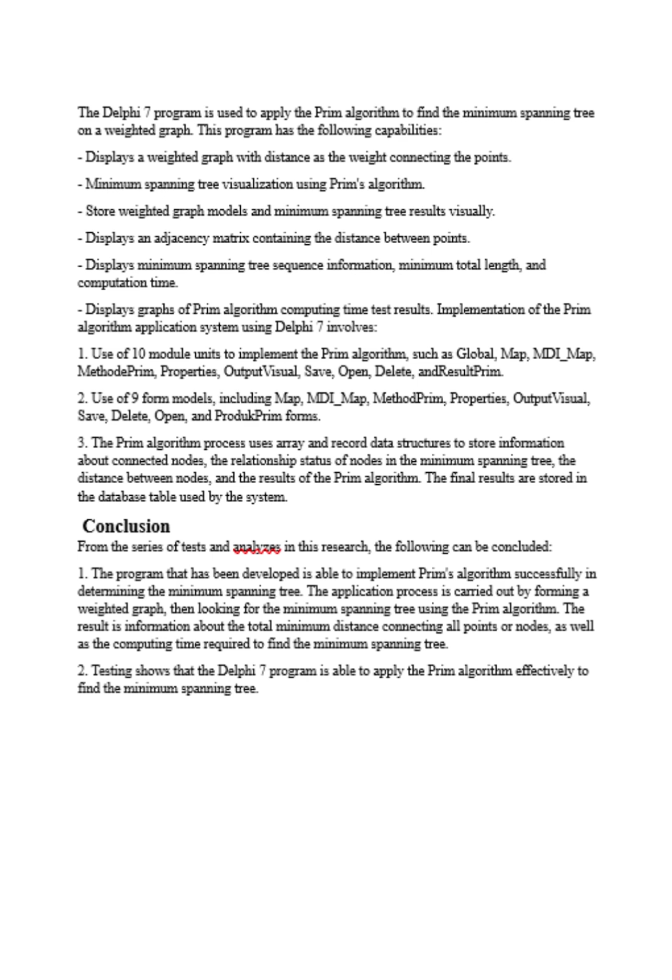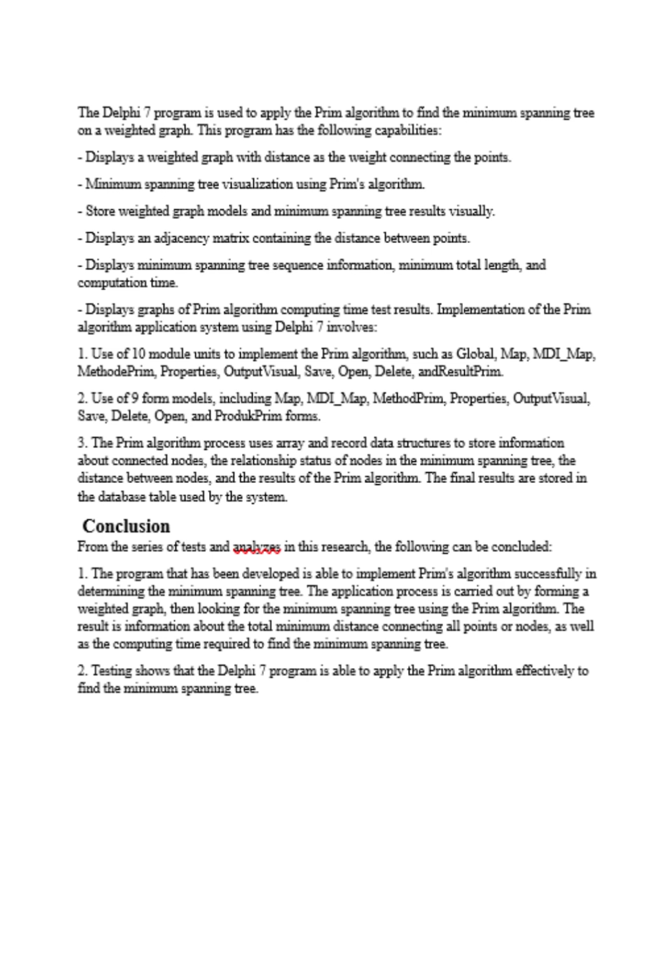Use of 9 form models, including map, MDI_map, method PRIM, properties, output visual, save, delete, open, and product PRIM forms. 3. The PRIM algorithm process uses array and record data structures to store information about connected nodes, the relationship status of nodes in the minimum spanning tree, the distance between nodes, and the results of the PRIM algorithm. The final results are stored in the database table used by the system.